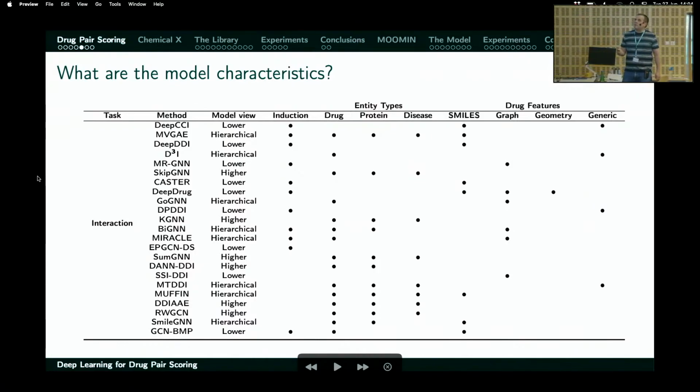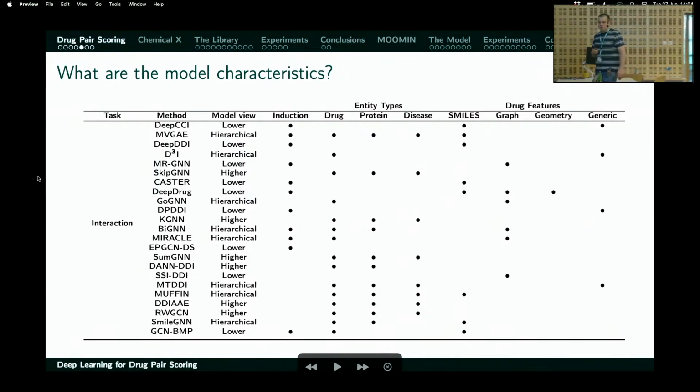But it seems that the main differentiating factor, at least for us, was induction, which is more or less the question of can I make a prediction for a drug pair where I haven't seen the drugs in advance and where I have a poor understanding of the system's biology.